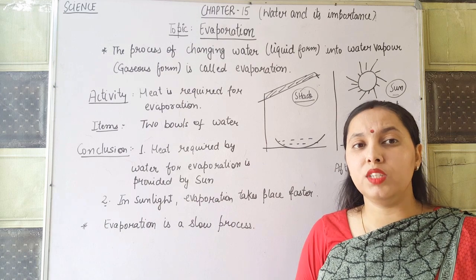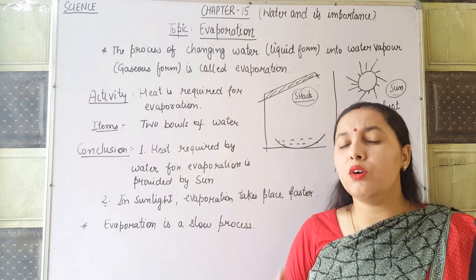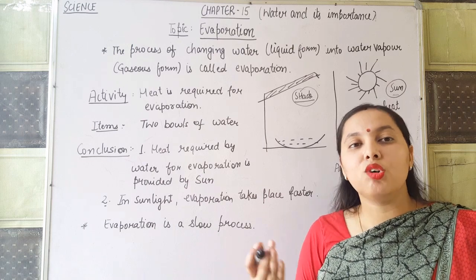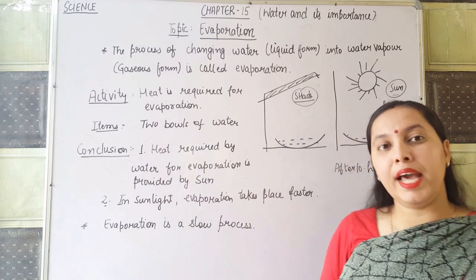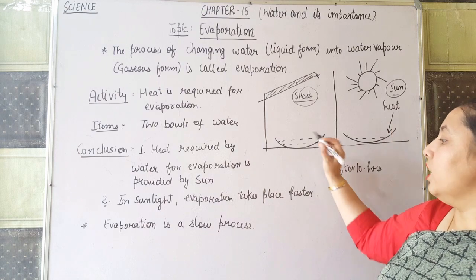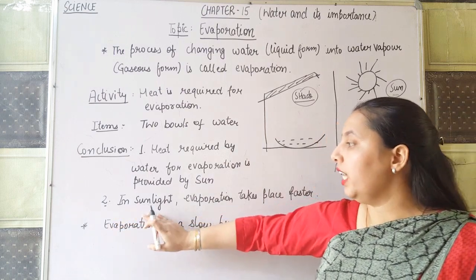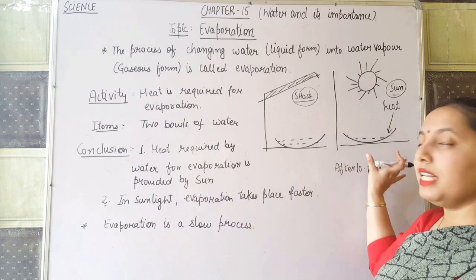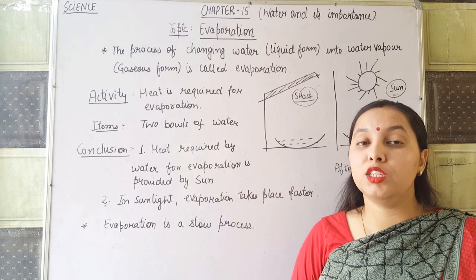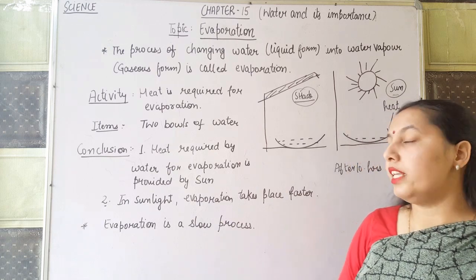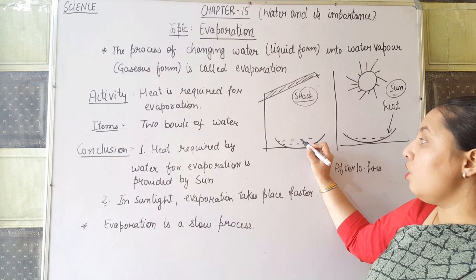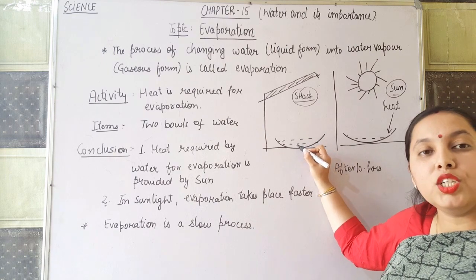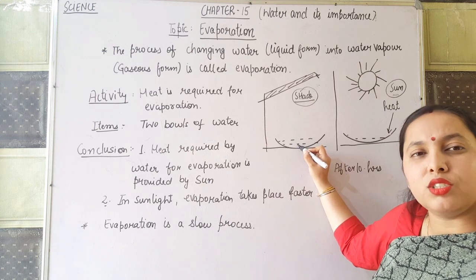You have also observed that the evaporation of water from the ocean, from the sea, is also due to the heat provided by the sun. So the second conclusion is that in sunlight evaporation takes place faster. If it is placed in direct sunlight, the speed of evaporation increases. A little more information: in case of shade, evaporation also happens but at a very slow rate.